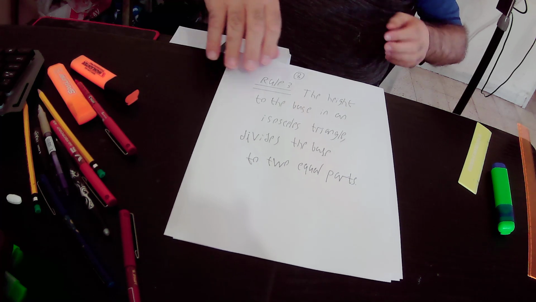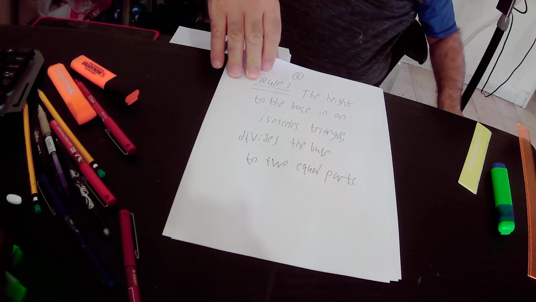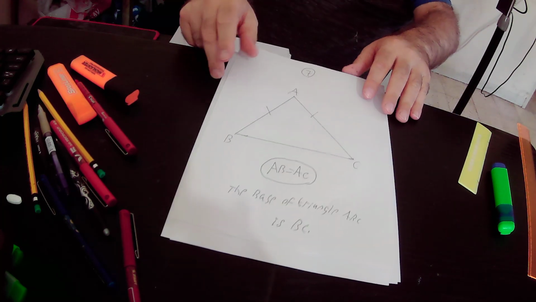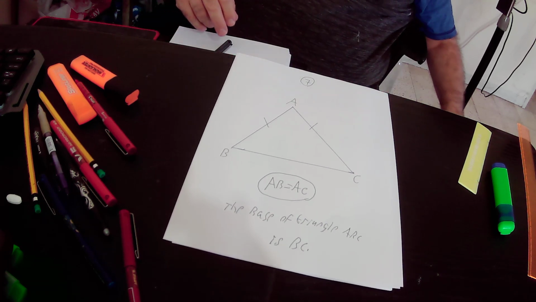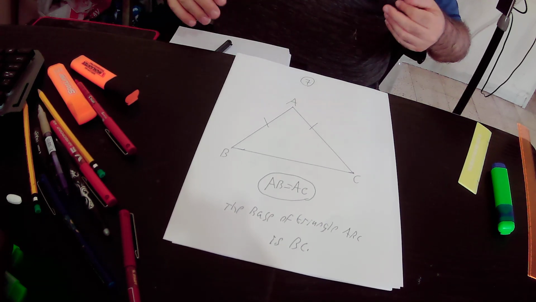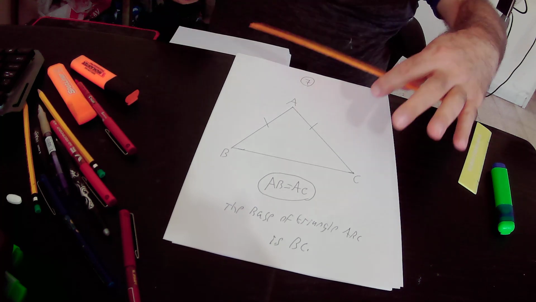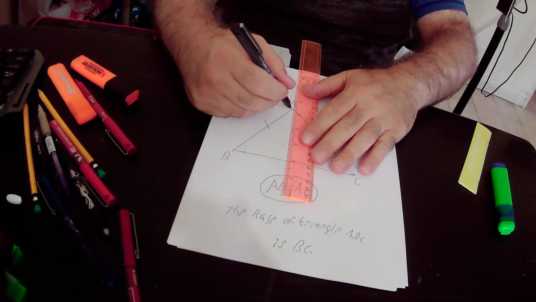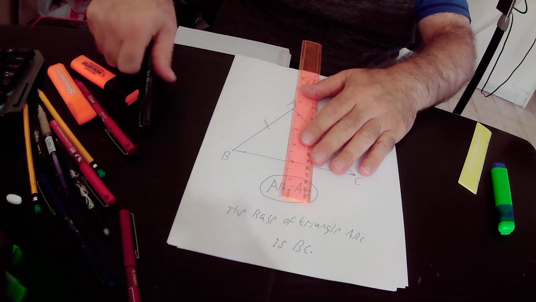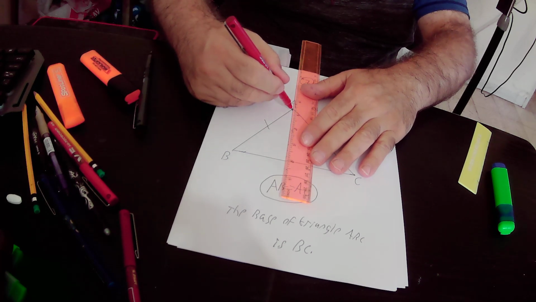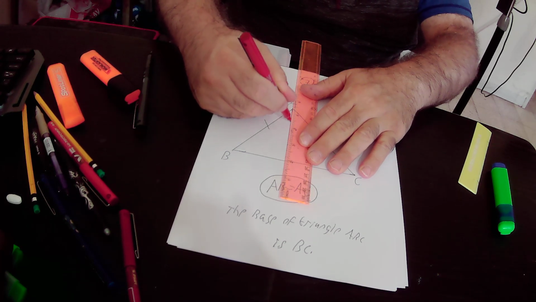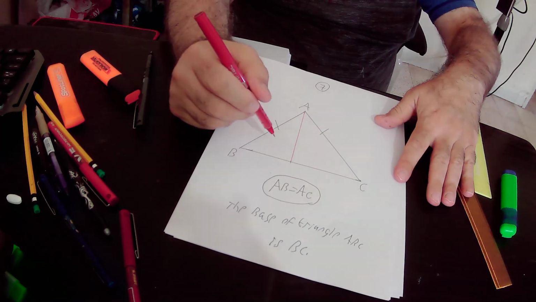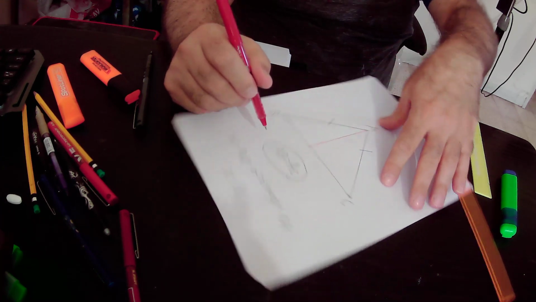So if we have this isosceles triangle, triangle ABC, and we draw the height to the base from point A, the height always creates 90 degrees with the base. We will define the touching point between the height and the base BC as point D.